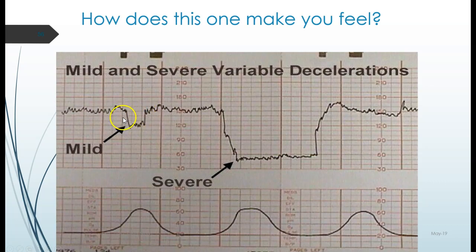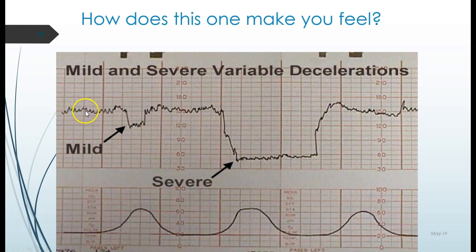This is a mild. It lasts, there's 10 seconds, there's half of that block, so that's probably 20 seconds long. It went from maybe the 150s, 145, down to 120. Okay, no problem. We've got good variability. Do you see this is variability? This is baseline.